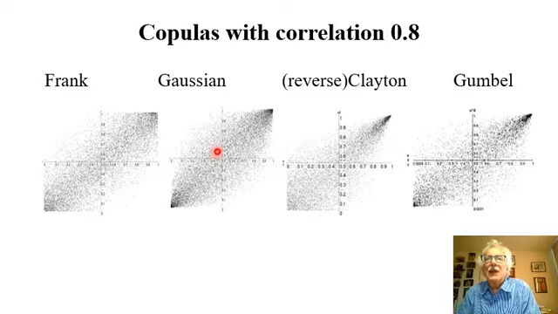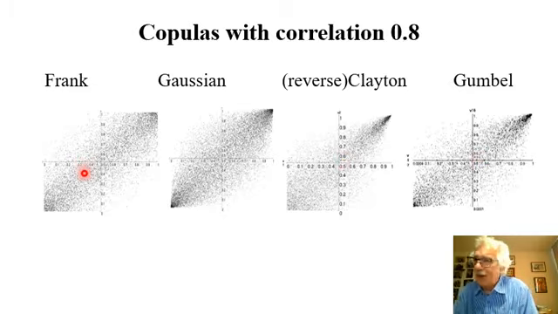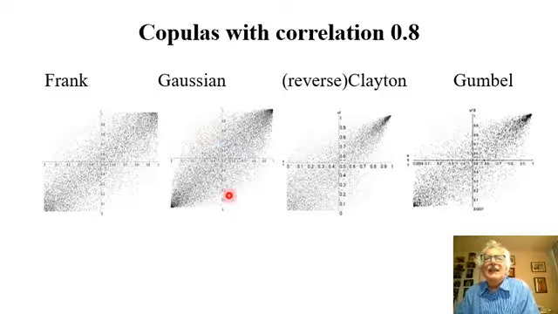This is the Gaussian copula. This is called the Clayton copula or reverse Clayton. This is the Gumbel copula. This is Frank's copula, and there are many, many more. But if we look at this Gaussian copula in detail, we see that the correlation, by the way, these all have correlation 0.8, but here the correlation is sort of smeared out over the whole distribution.